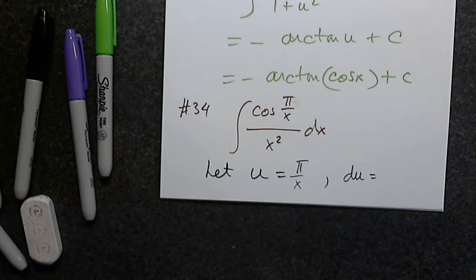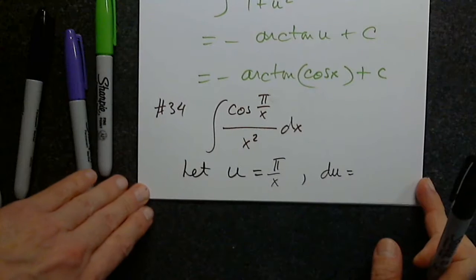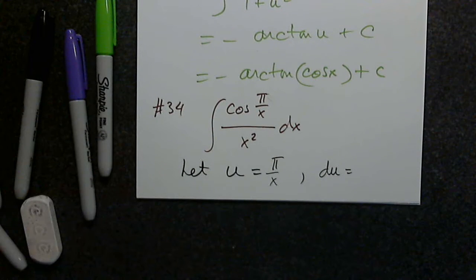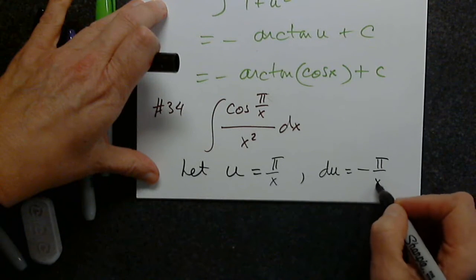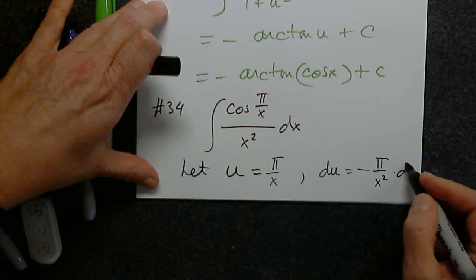That's the reason why I insisted, please try to remember the derivative of 1 over x. What is it? Right, negative pi over x squared times dx.